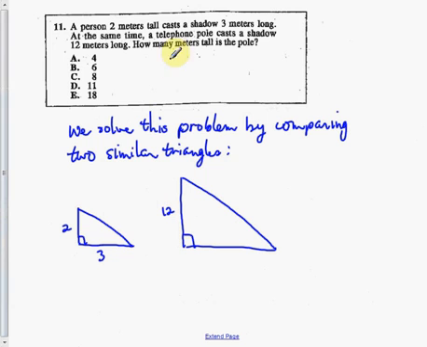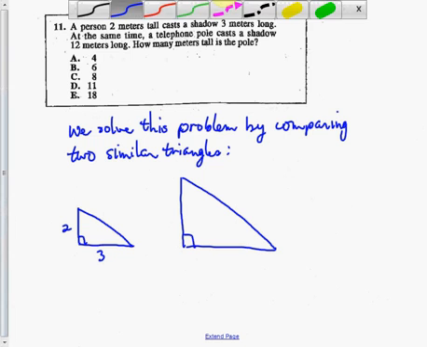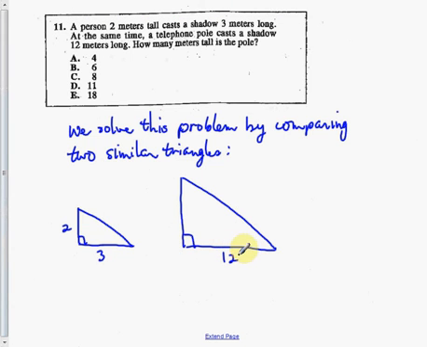A telephone pole casts a shadow 12 meters long. So that goes over here. It says here, H for the height. It says how many meters tall is the pole.